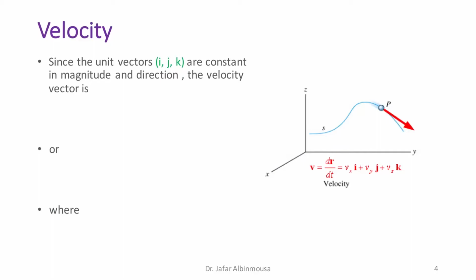Now, let's move on to the velocity. Since the unit vectors i, j, and k are constant in magnitude as well as direction, the velocity vector is going to be written as v, equal to the time derivative of the position vector, dr divided by dt.